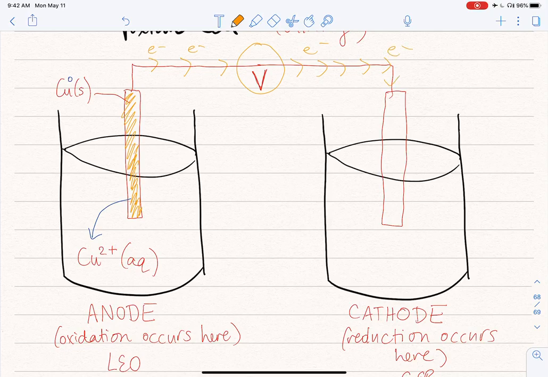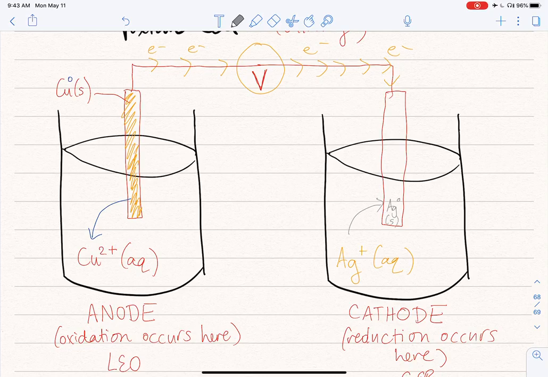And as those electrons flow from the anode to the cathode, those electrons are going to reduce the silver plus 1 to, let's get a nice silvery color, silver 0.